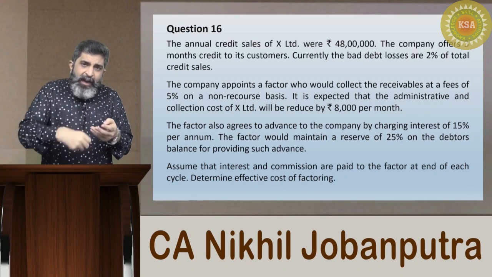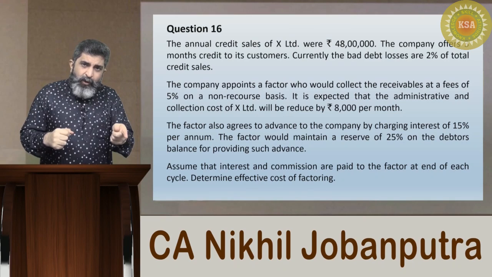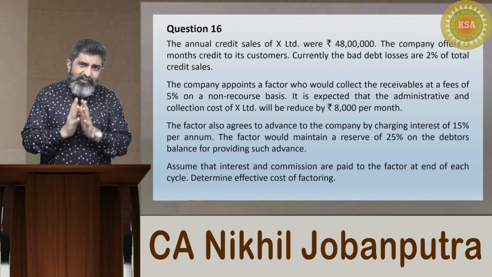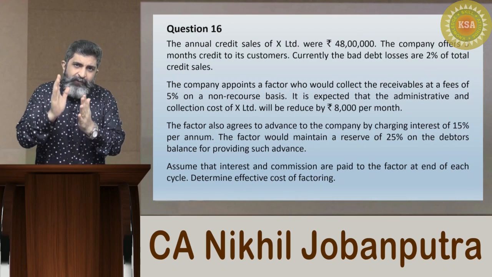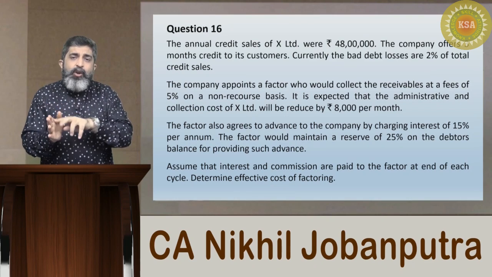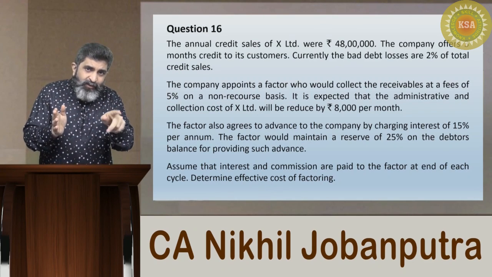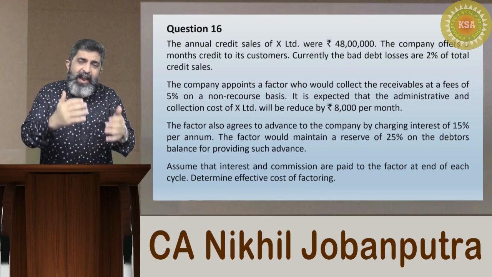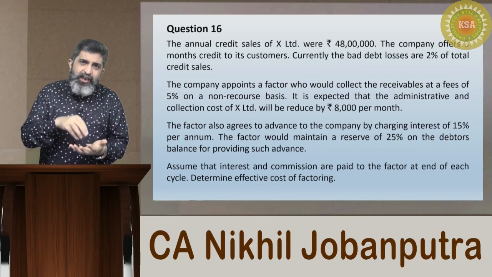And some collection charges that the company was incurring earlier, the company will have savings in those collection charges also. So there will be one component of factor fees which is an outflow, another component of interest which is also an outflow, then there will be some savings in bad debts and some savings in administration and collection cost.